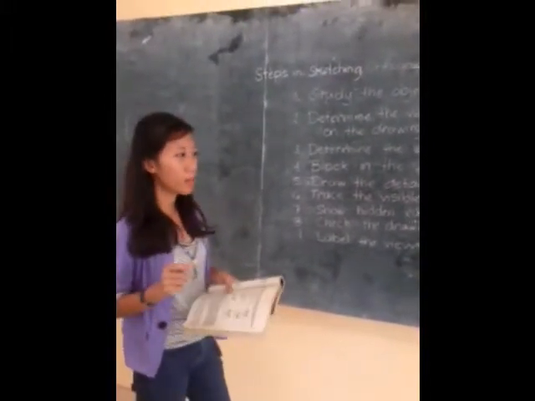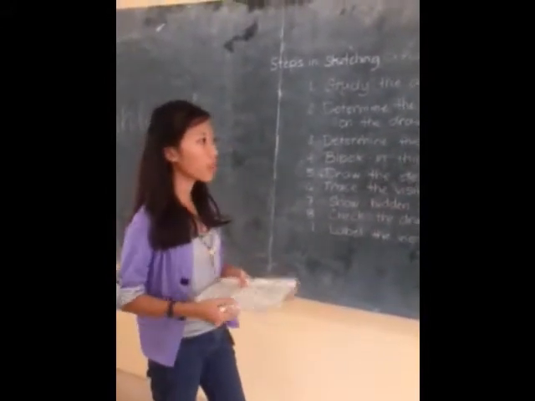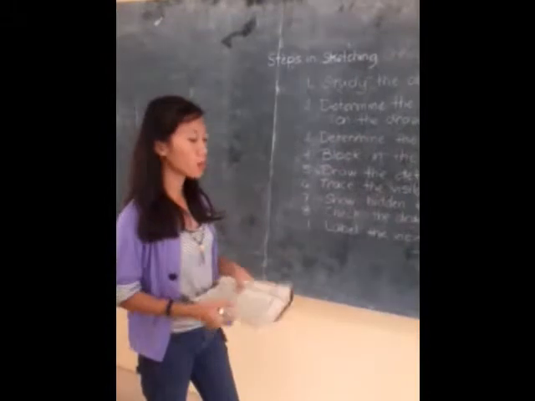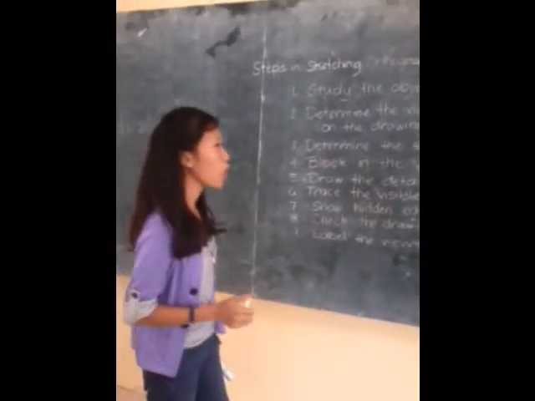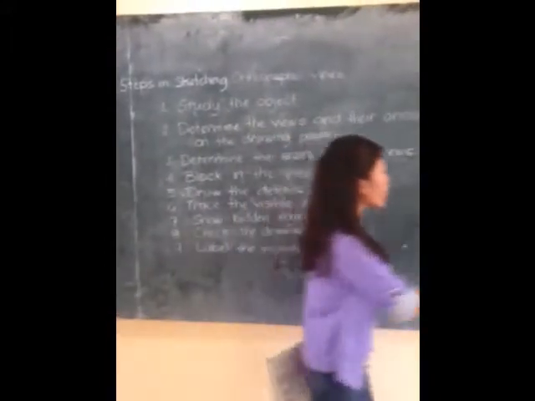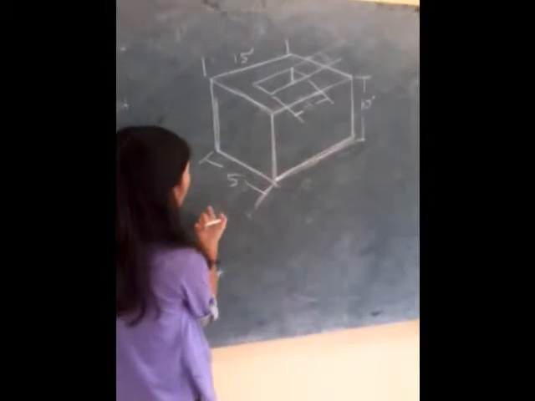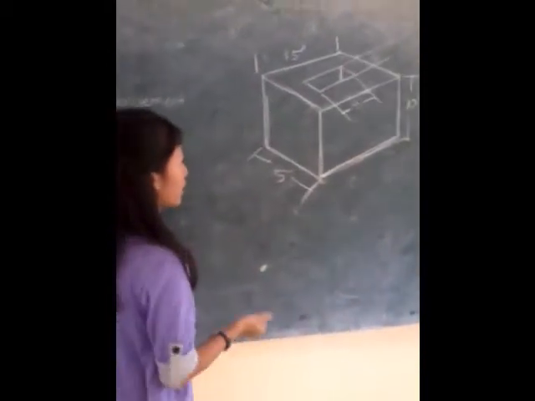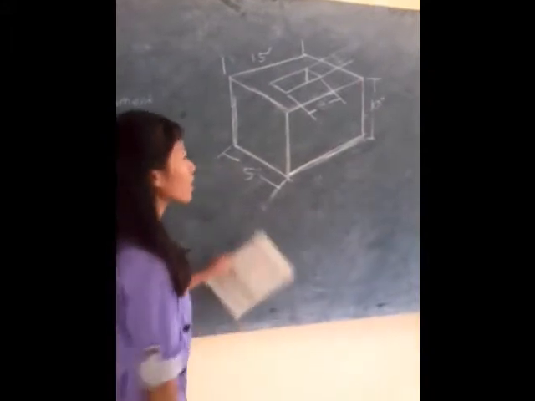So number one is study the object. As shown here, our object is a rectangle box, and we will study its dimensions.